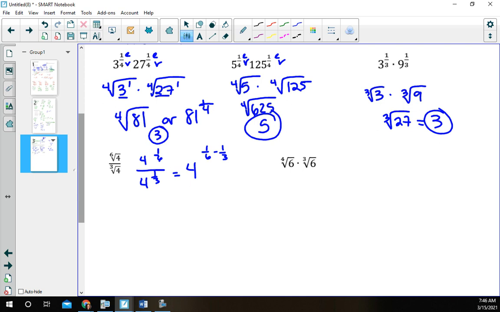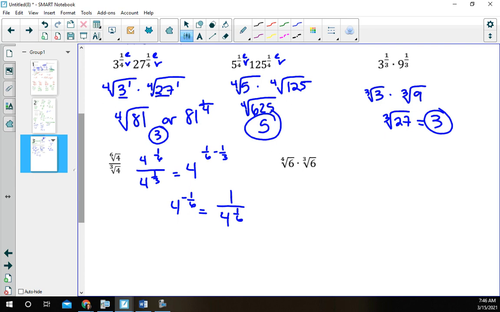Okay, so that we can kind of see what it is. We don't want these in decimal, so 1/6 minus 1/3, press enter, do your math frac. I get negative 1/6, which we can't have negative exponents, so I'm going to drop them to the bottom. I already going to tell you 4 to the 1/6 power is not going to be a pretty number, so we're going to leave it like that.